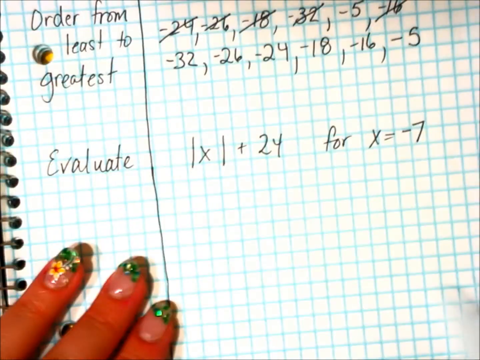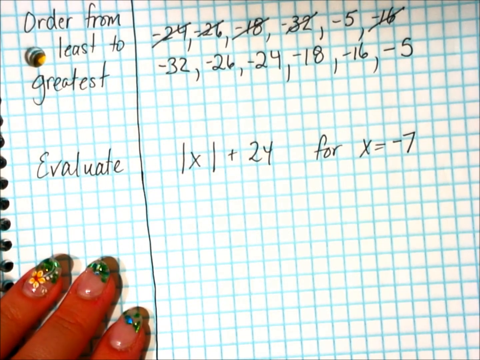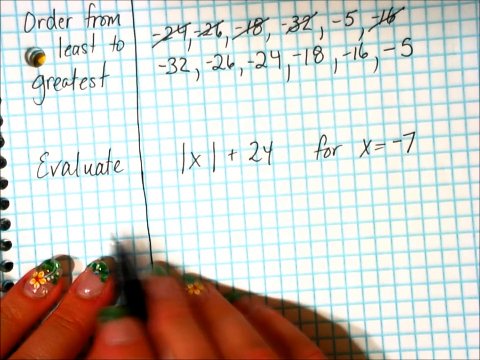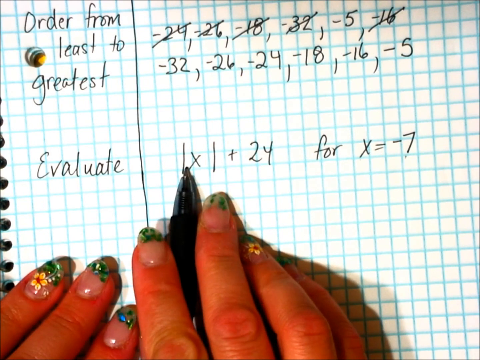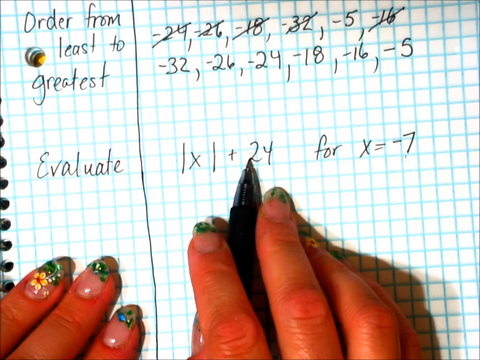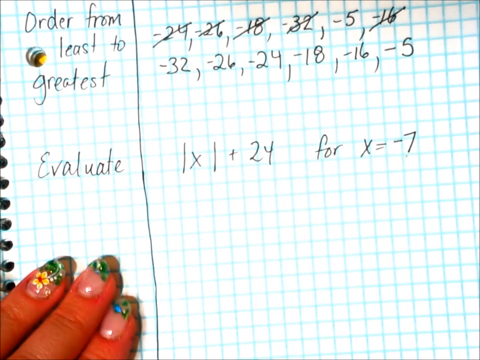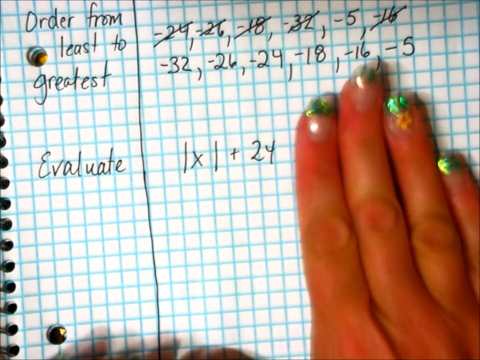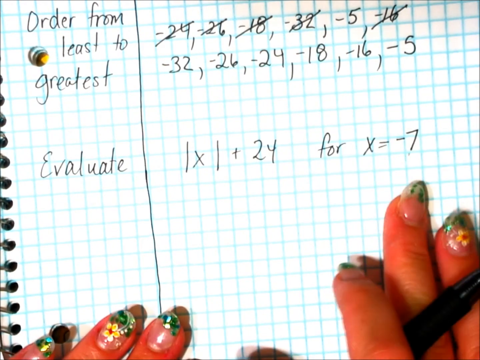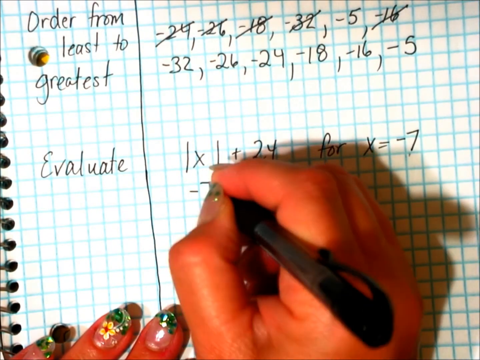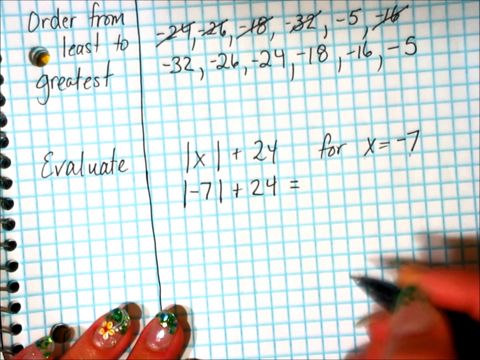All right, so let's go ahead and do one more problem, and it's just evaluating. So again, that's just solving. So I said x is negative 7. We have the absolute value of x plus 24. Now, I cannot take the absolute value of x because I do not know at this point what x is. But when they tell me x is negative 7, I can use substitution, plug it in, and then I can solve my problem.